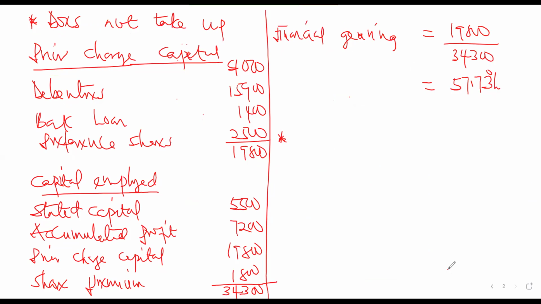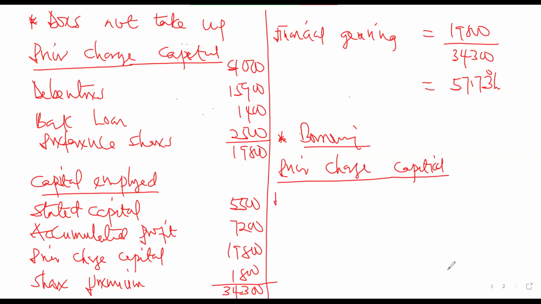So through borrowing, our prior charge capital will now be calculated as the existing capital, 19,800, plus the loan that is coming in, 10,000. That gives us 29,800.